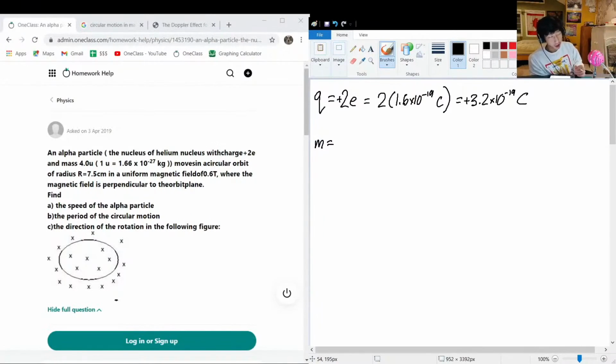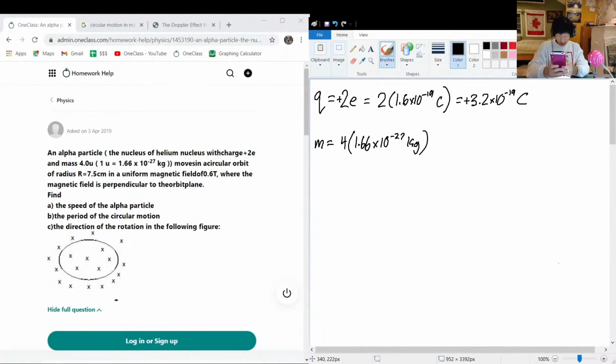If you go really deep, they're not, but for most people, unless you're going really deep into nuclear physics, you can consider the mass of a proton and the mass of a neutron to be equal. So our mass is 4 times the mass of a proton, which is 1.66 multiplied by 10 to the negative 27 kilograms.